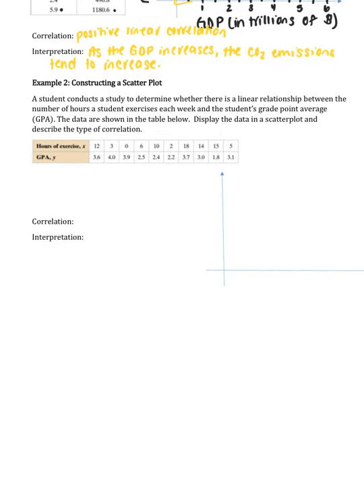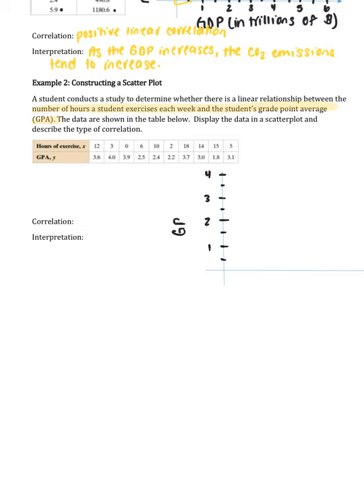All right, let's see. We've got a student conducts a study to determine whether there is a linear relationship between the number of hours a student exercises each week and the student's GPA. All right, so GPA, pretty easy to graph, 0 to 4. So we've got 1, 2, 3, 4, and again, I'm just going to go through and do the halves.